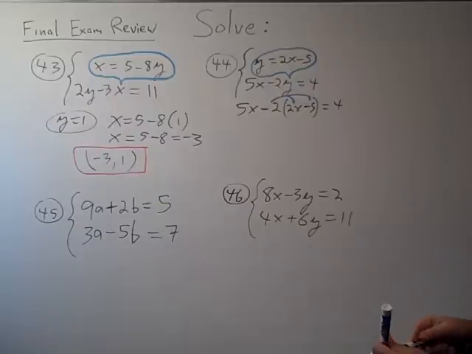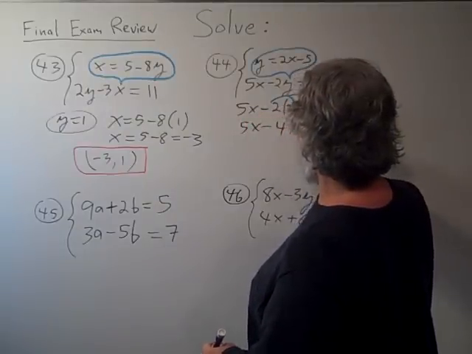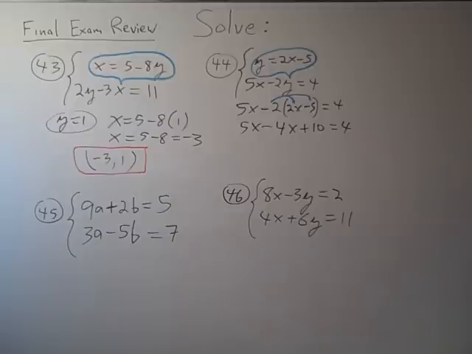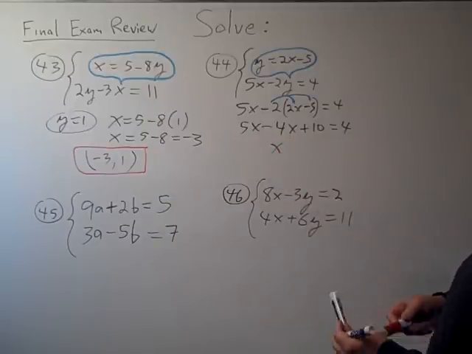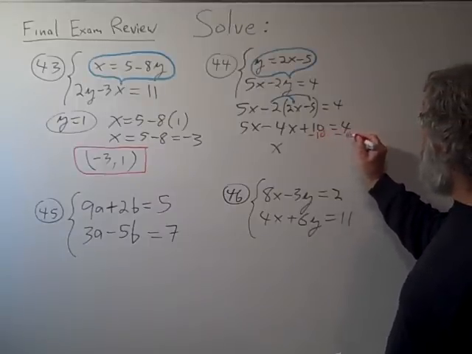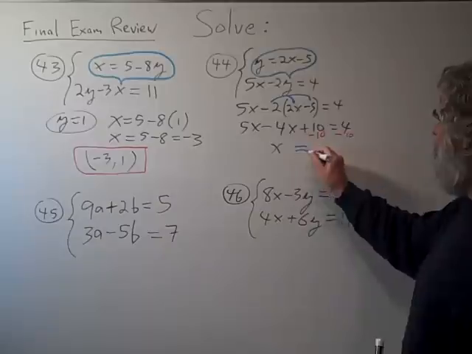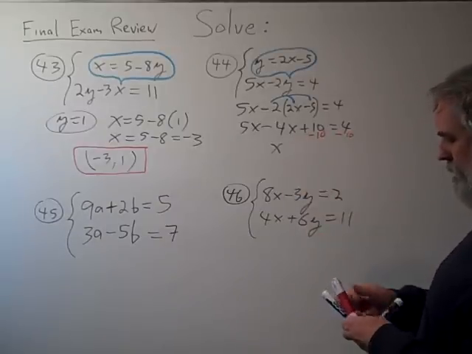And we get 5x minus 4x plus 10 equals 4. 5x minus 4x is just x, and if we subtract 10 from both sides of the equation, we get that x is equal to 4 minus 10, or negative 6.